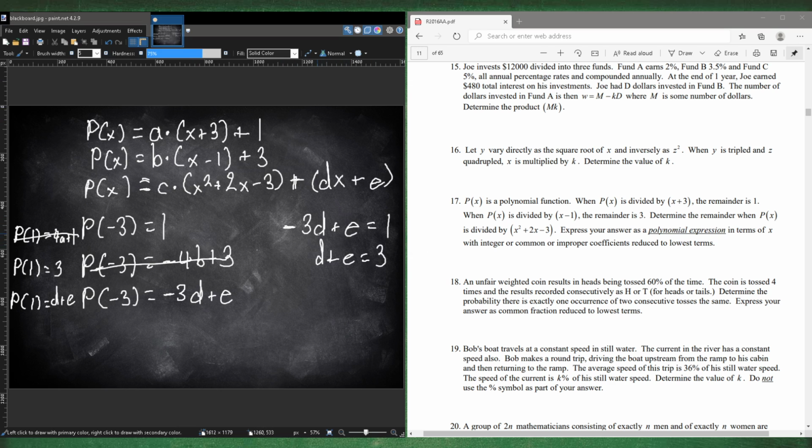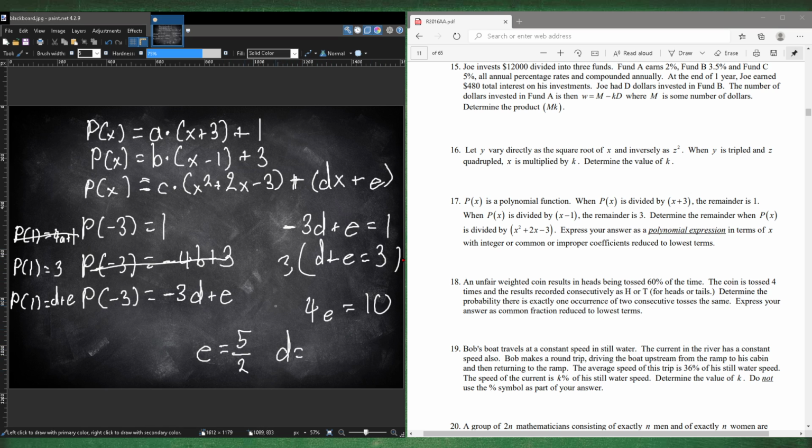So now from here, we could just multiply the second equation by 3 and then add to the first equation. So 3e plus e, that's 4e, and the positive 3d cancels with negative 3d, and this 9 plus 1 is 10. So e is equal to 5 over 2. And now what about our d?